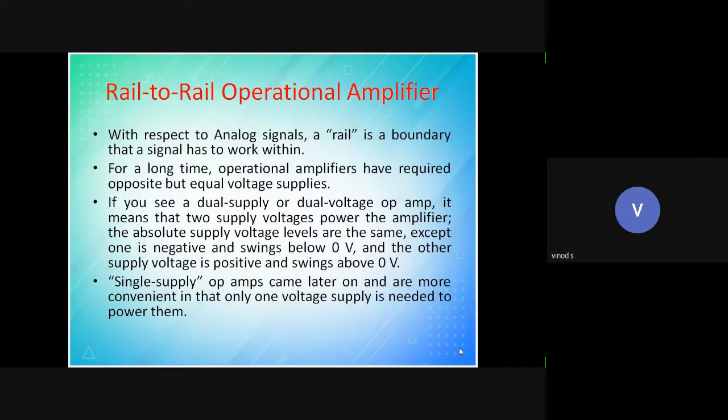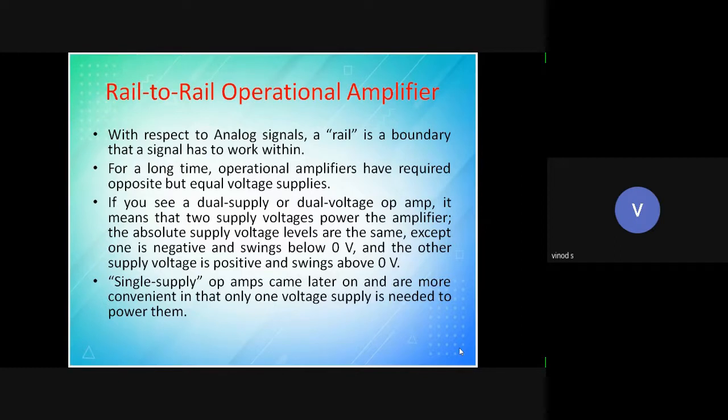Rail to rail operation is: just give one power supply, that will be divided by two, and one will be made positive and another one will be made negative. That is an inbuilt feature of the instrumentation amplifier. With respect to an analog signal, a rail is a boundary that a signal has to work within. For a long time, operational amplifiers have required opposite but equal voltage supplies.